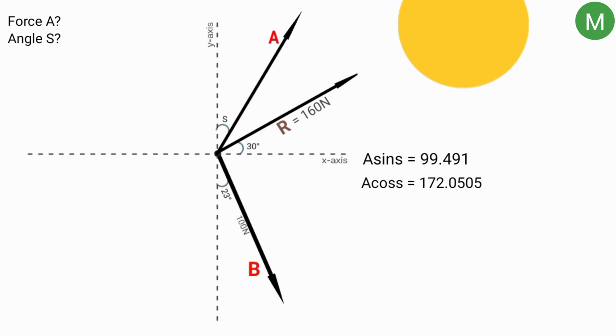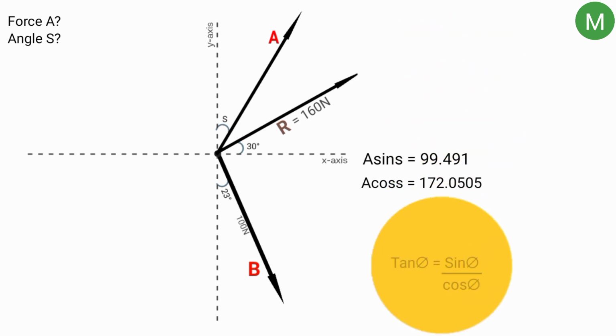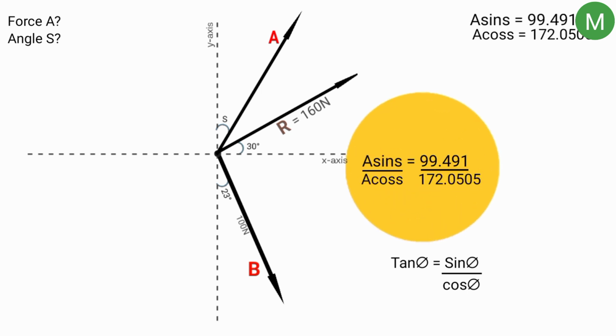In trigonometry, there is an identity that tan theta equals sin theta over cos theta. So we can solve simultaneously by dividing this equation by this equation. Now A sin S over A cos S equals 99.491 over 172.0505.